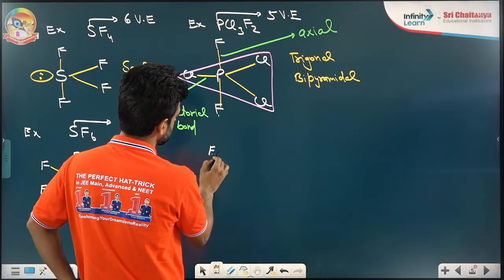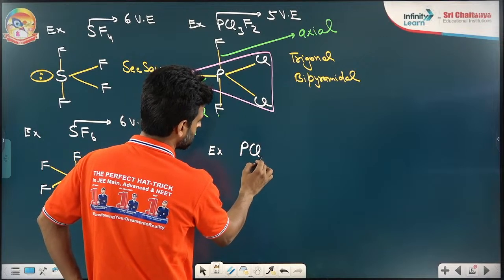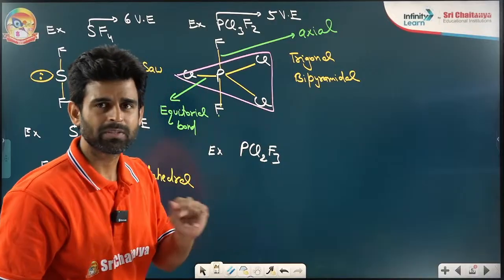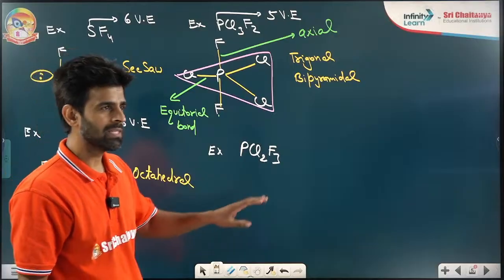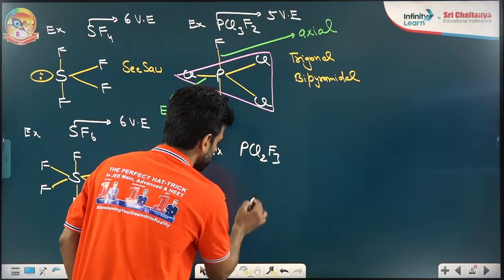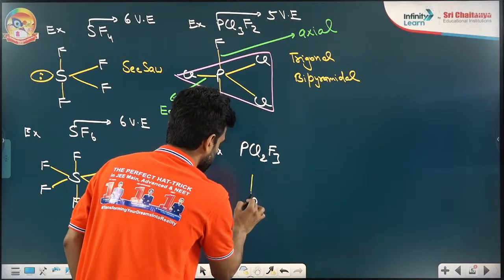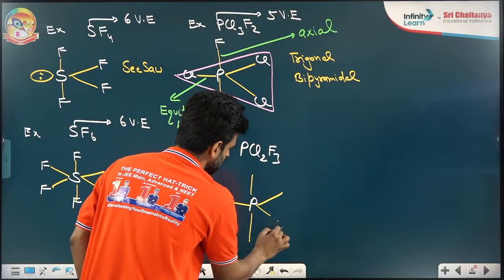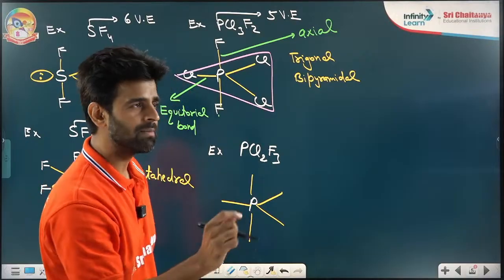Now, next thing. Imagine I have this structure. I have PCl2F3. Tell me now what will happen. Everything is the same. Still, I have P here. Look, beta, I have P and I have 5 locations. Axial and these are equatorial. So first of all, the more electronegative atom should come on axial, right?